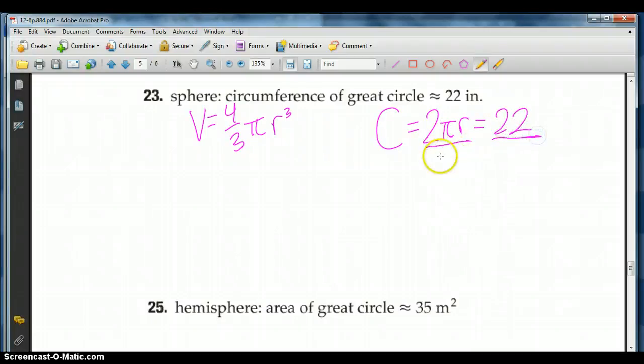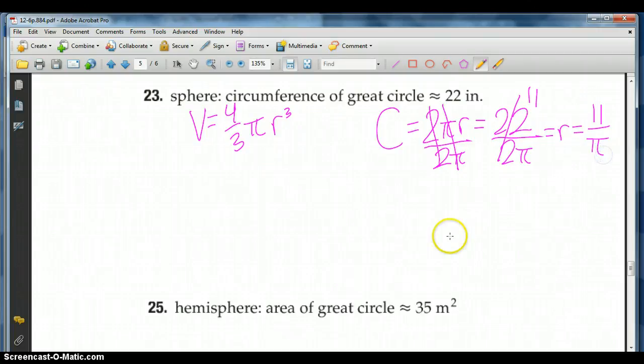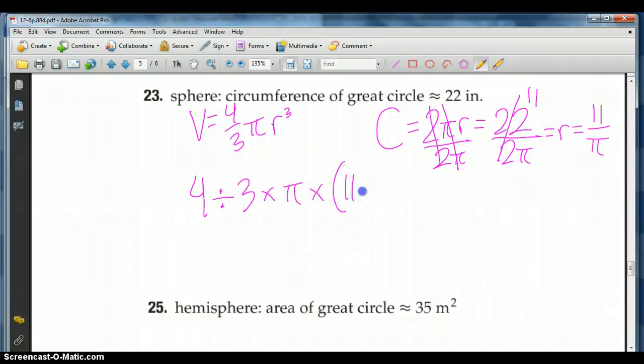Therefore, the radius, we divide by 2 pi, 2 goes into 22 11 times, so our radius is just 11 over pi. If we substitute this in, we have 4 divided by 3 times pi times 11 divided by pi to the third power.